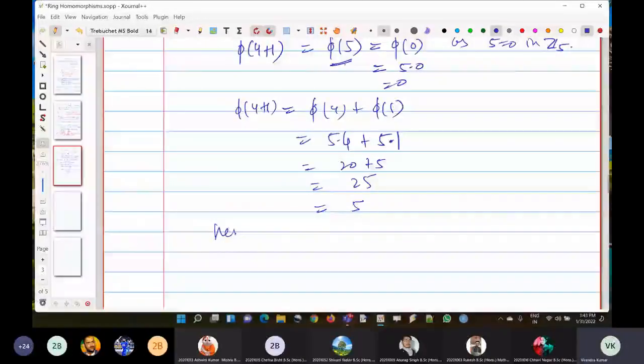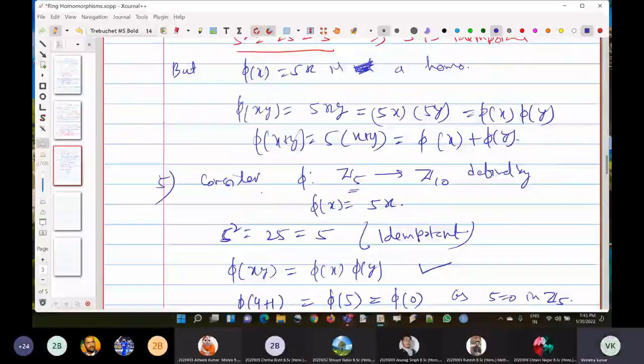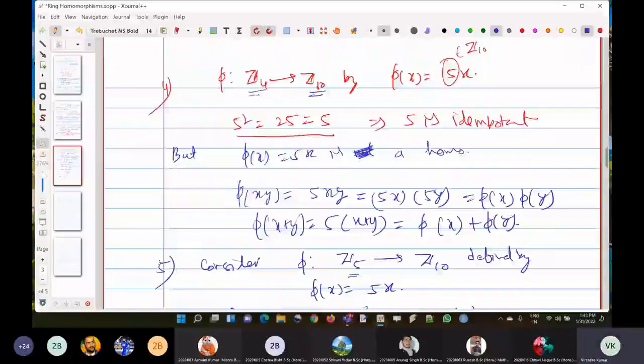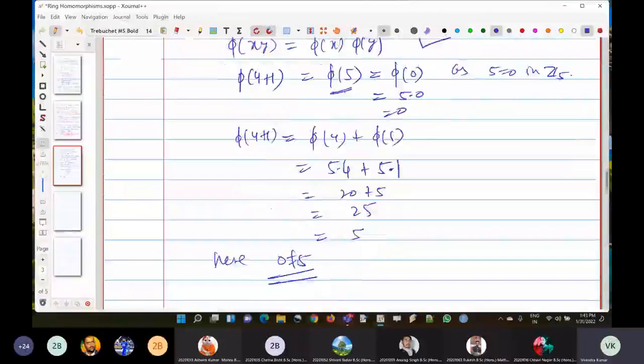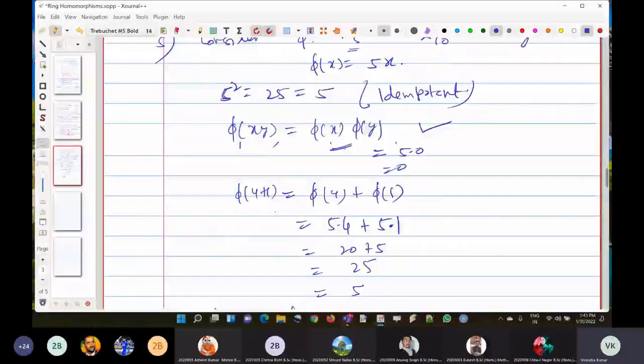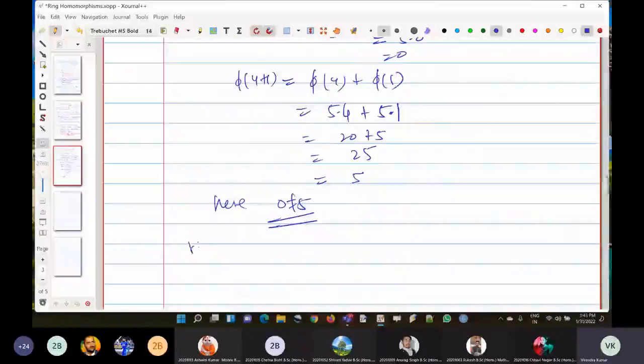So here 0 is not equal to 5. This means that phi is not a homomorphism.